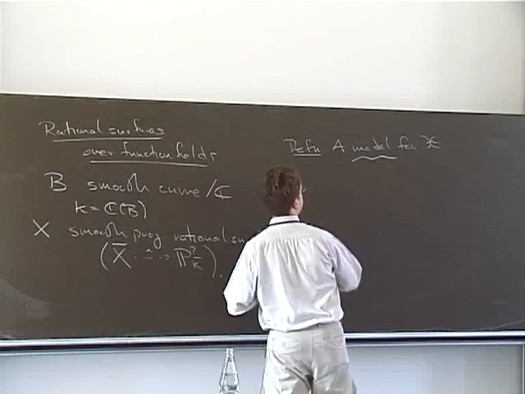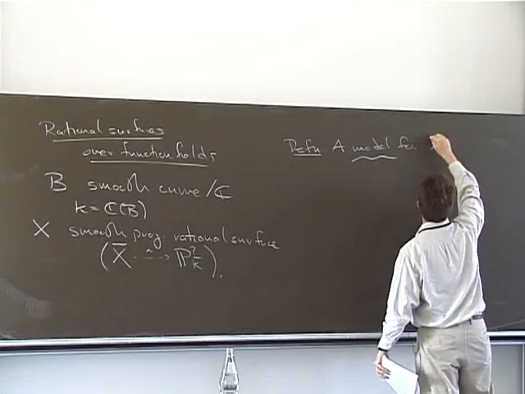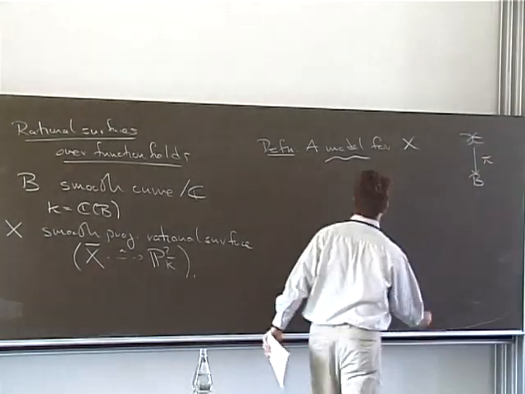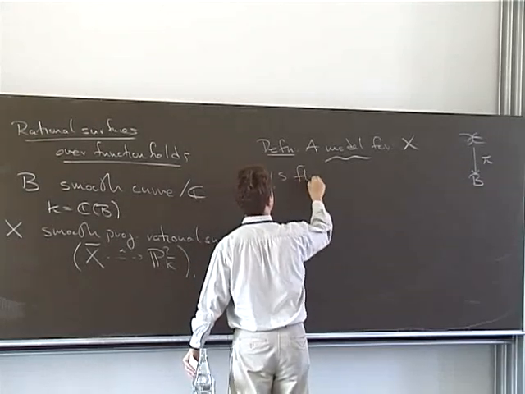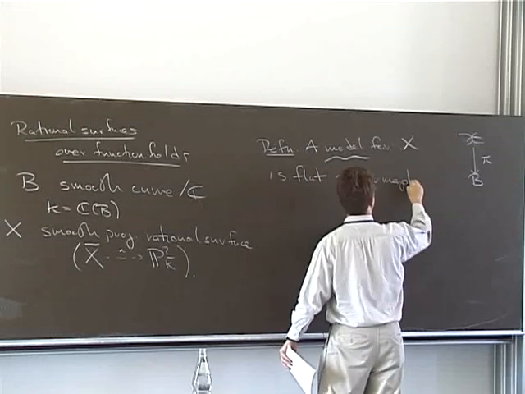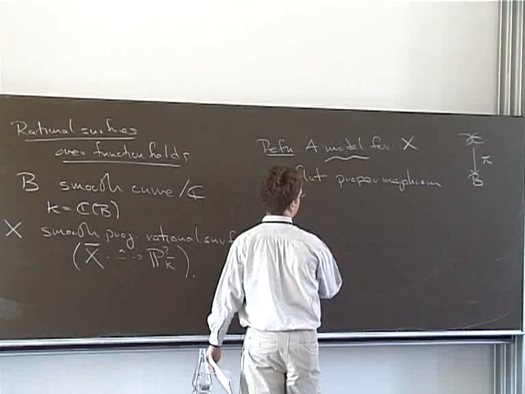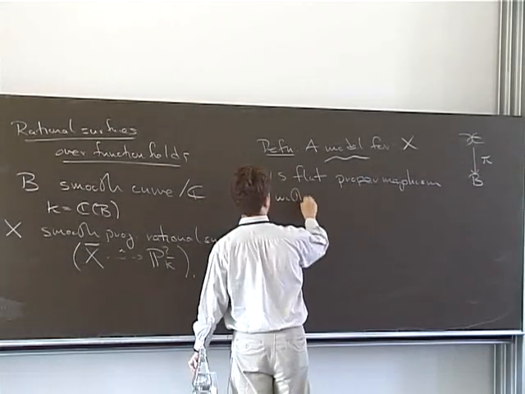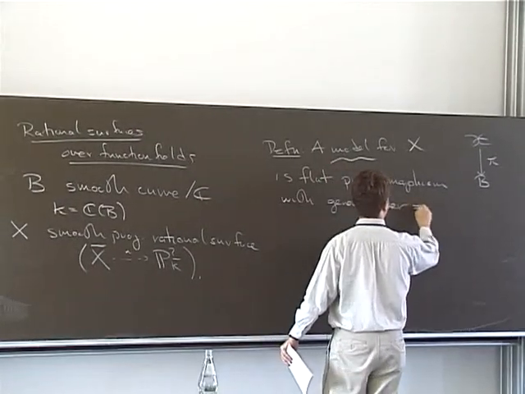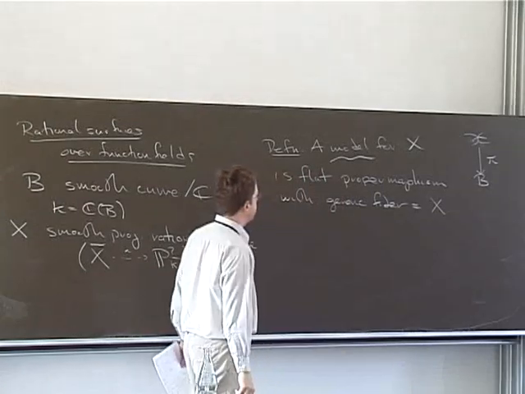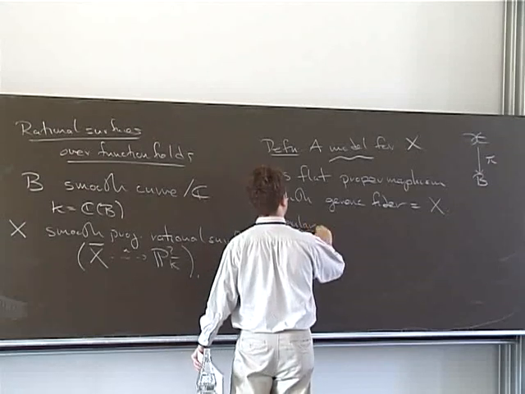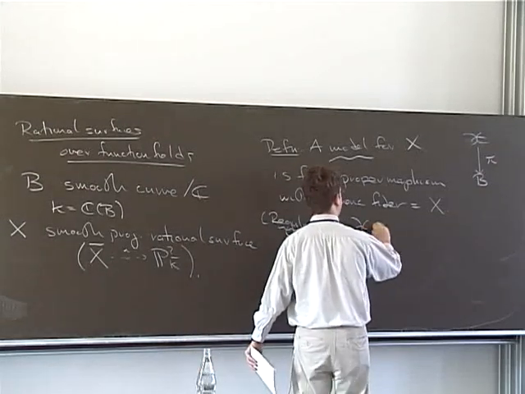So a model for X is a morphism. So it's a flat, proper morphism with the generic fiber equal to X. And we'll say that this is regular if the total space is non-singular.